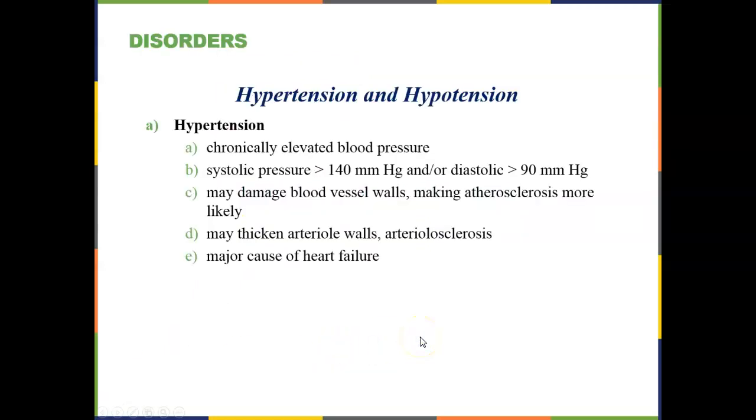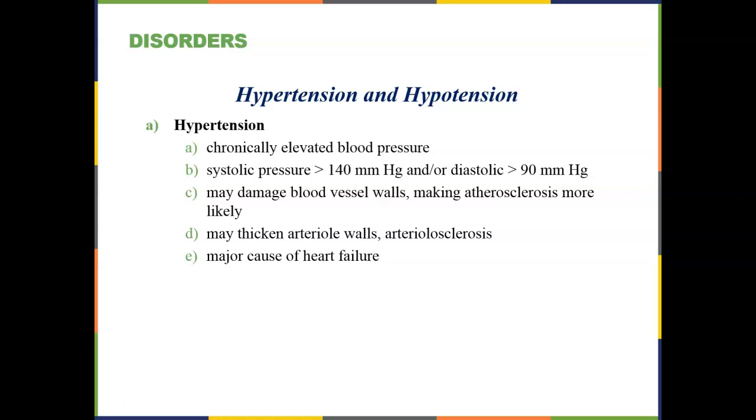So a couple disorders associated with blood pressure are hypertension and hypotension. Hypertension is high blood pressure. Typically, you will be considered an individual with hypertension if your systolic pressure is above 140, or if your diastolic pressure is above 90 millimeters of mercury.